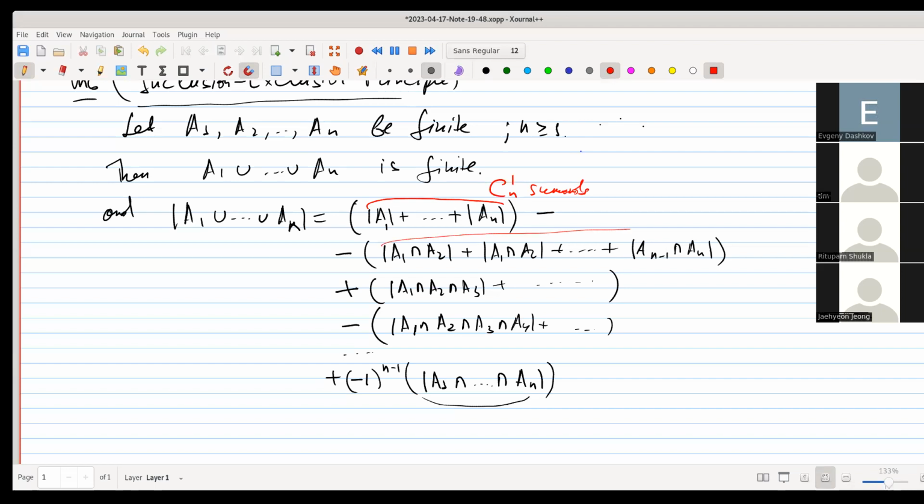How many summands do we have here? n choose 2. And here, n choose 3, n choose 4, and here we have how many summands? n choose n, that is 1. Do you agree?